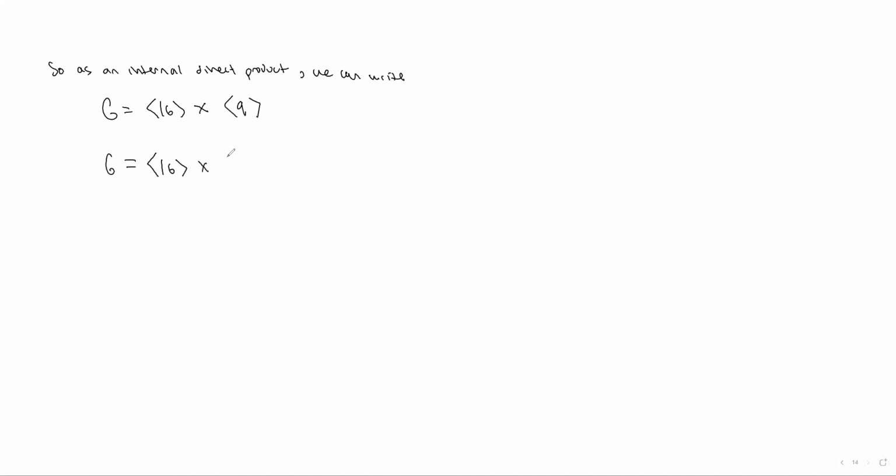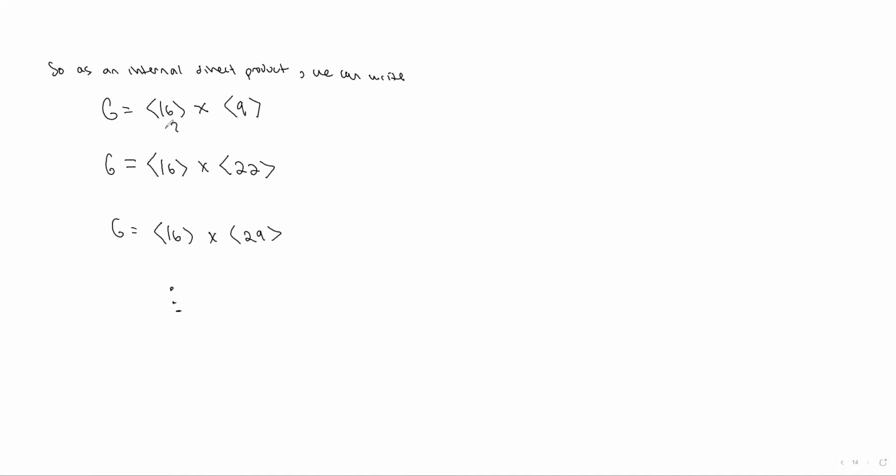So as an internal direct product, we can write G equals 16 times 9, it equals 16 times 22, G equals 16 times 29, and so on.